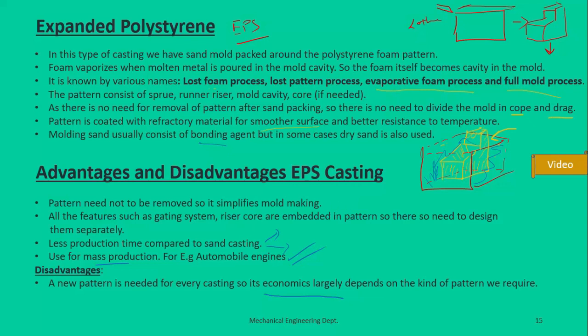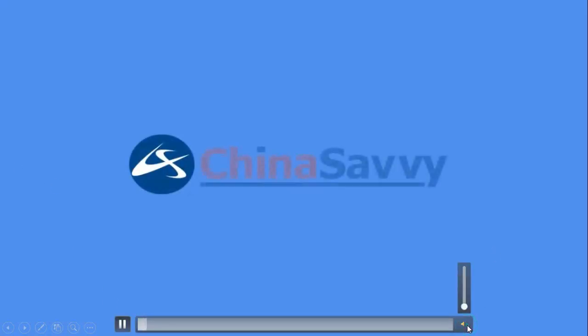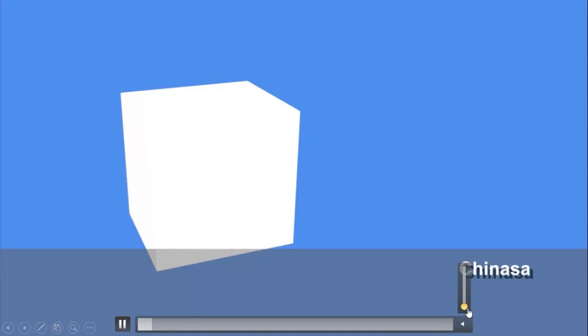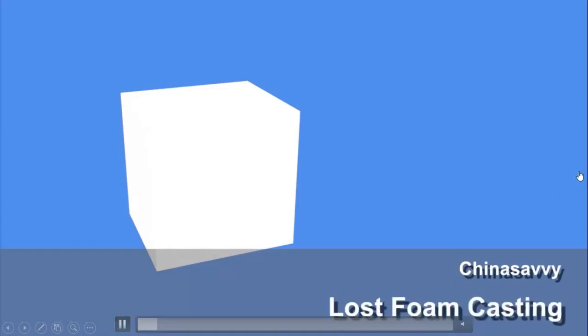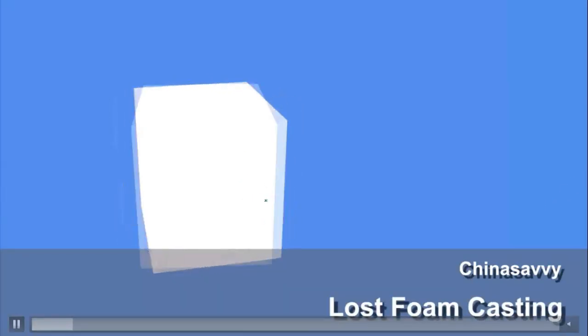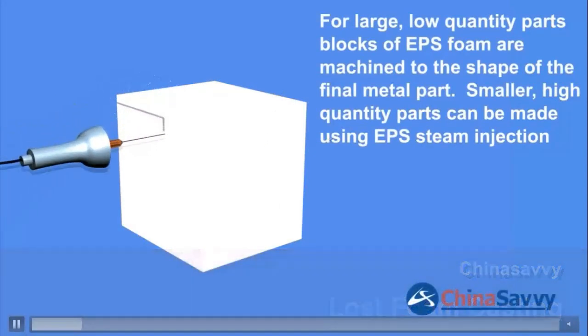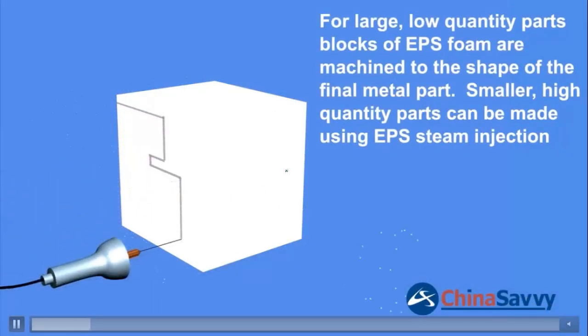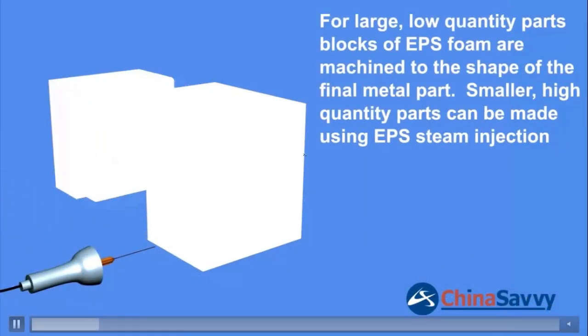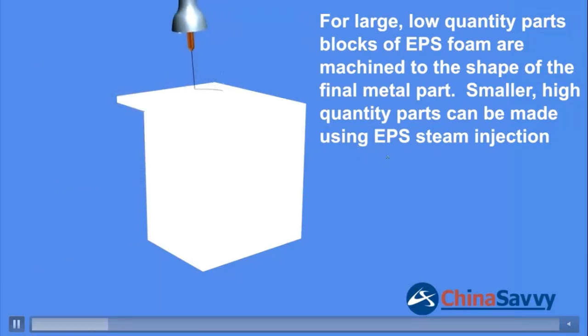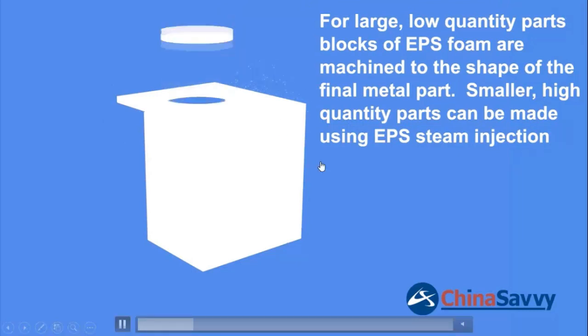So let's see a practical demonstration or animation of this casting process. We have the foam in bulk form, and it is machined using steam injection or some other machining process, machining out the pattern from this polystyrene.